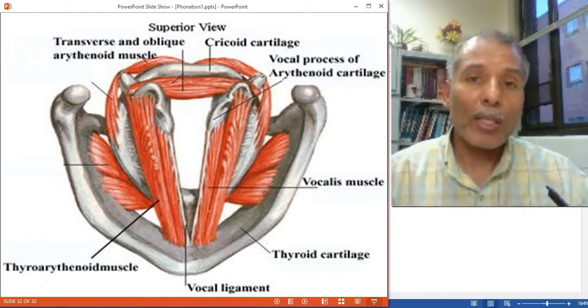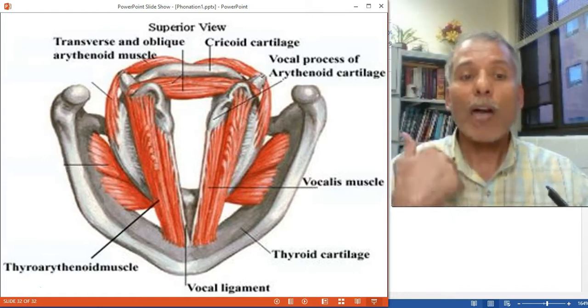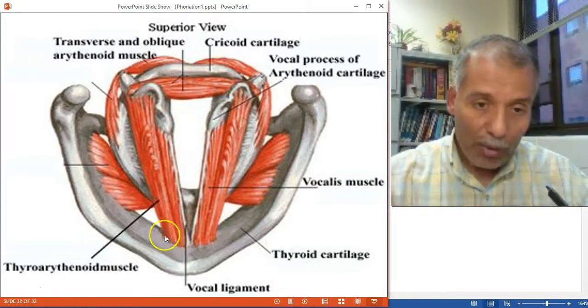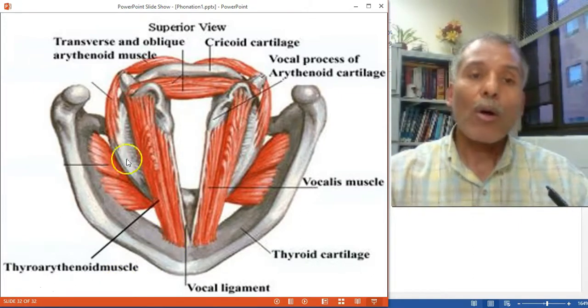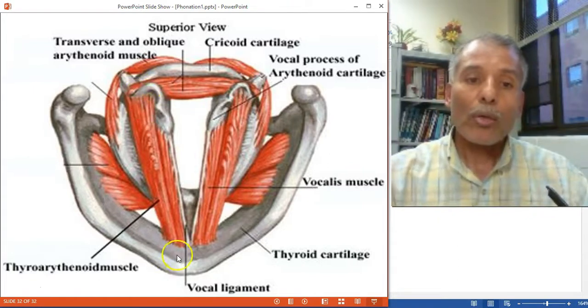So again, the muscle itself that makes a vocal fold is called the thyroarytenoid. Why? Because it originates on the thyroid cartilage and inserts onto the arytenoid cartilage, each one. So you call it thyroarytenoid.